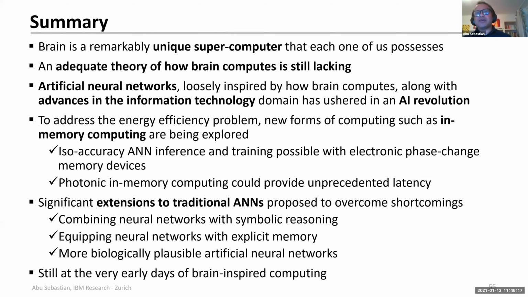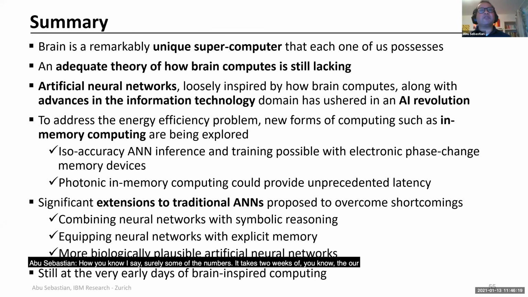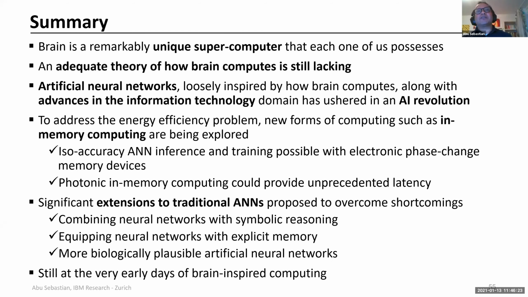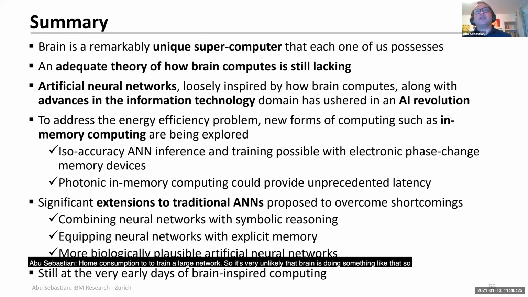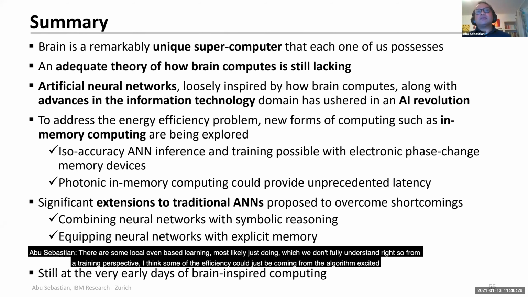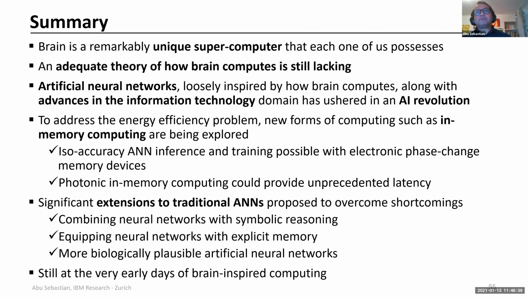Because as I showed you some of the numbers, it takes 2 weeks of our home consumption to train a large network. So it's very unlikely that the brain is doing something like that. There is some local event-based learning most likely, which we don't fully understand, right? So from a training perspective, some of the efficiency could just be coming from the algorithmic side.